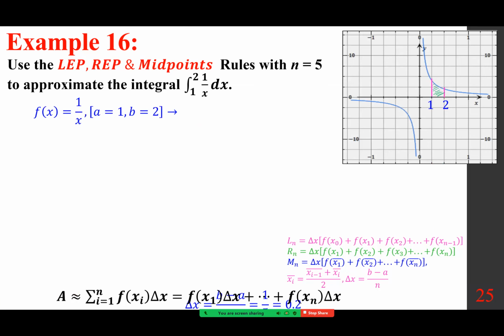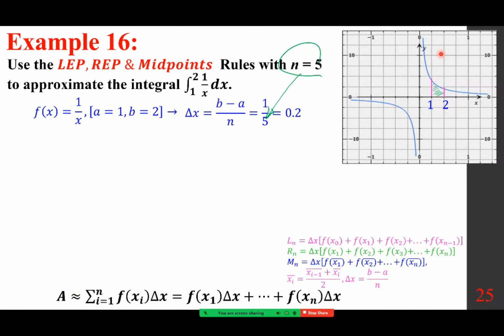Delta x is b minus a over n, or 1 over 5. N is given, okay, everybody. And it's 0.2. Now, the idea is to come up with 5 lines on this interval. It means 4 in between, so we have 5 equal parts.